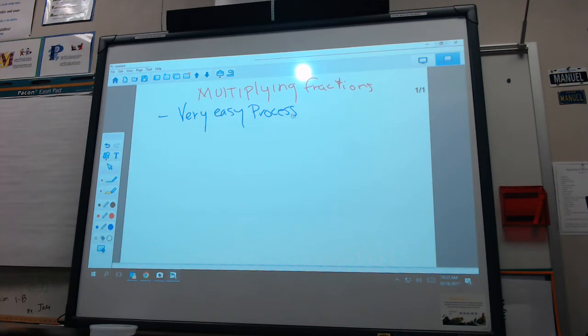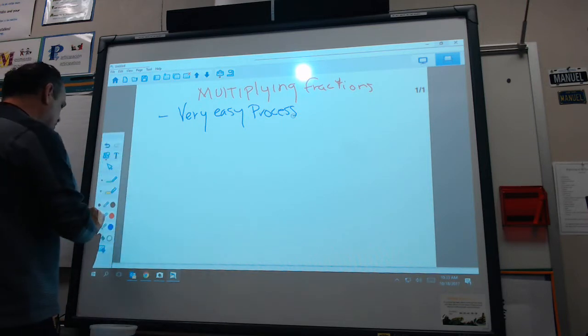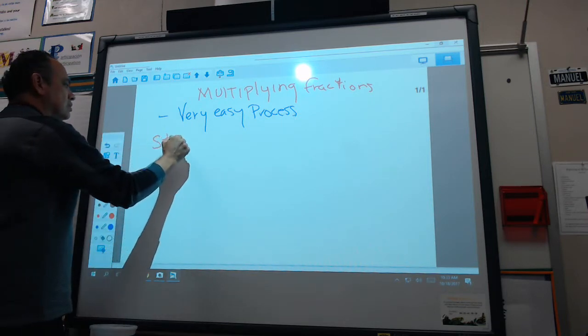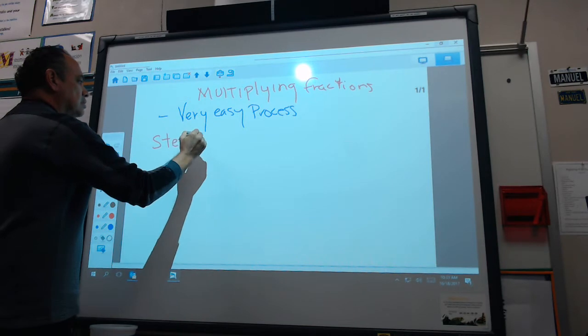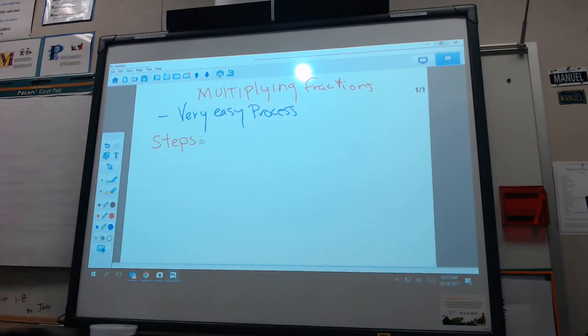Multiplying fractions is a really very easy process. If you're good with your math facts, this is just a breeze. It has just a couple of steps.